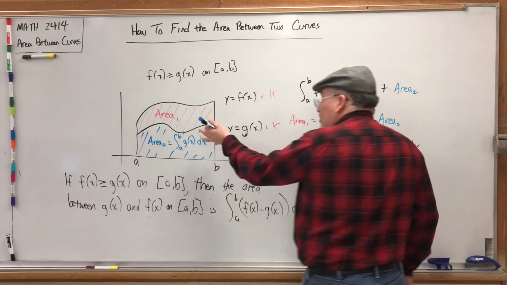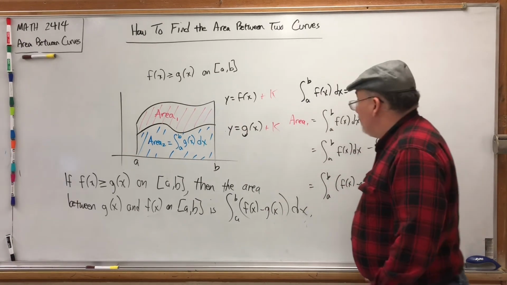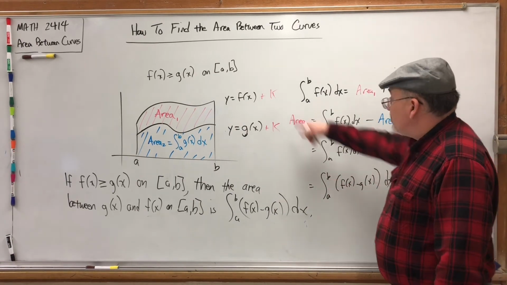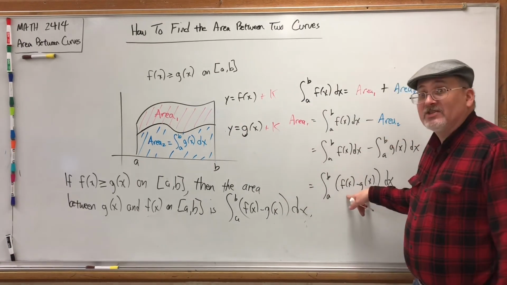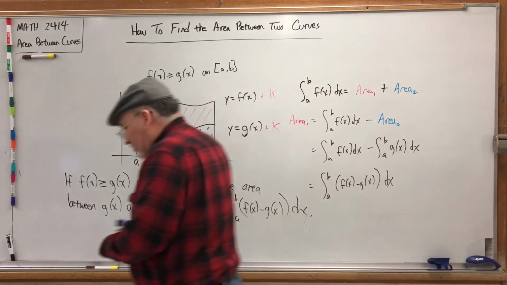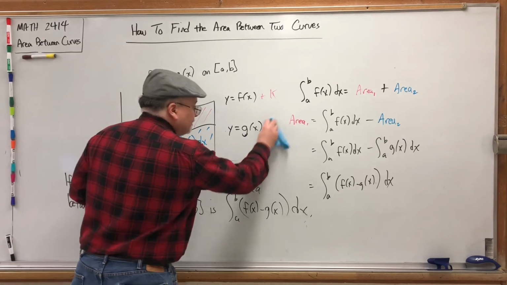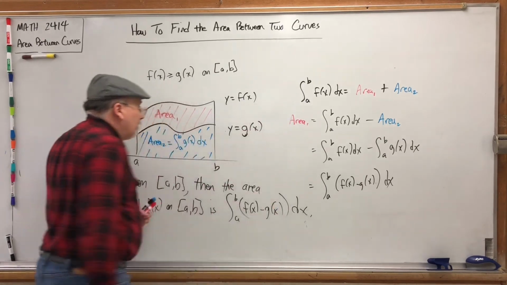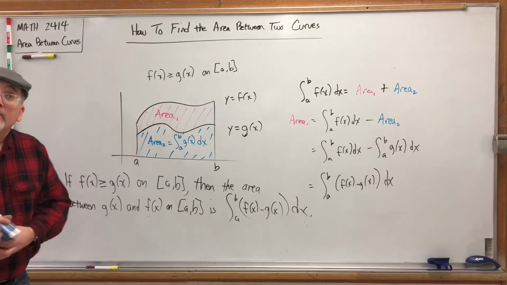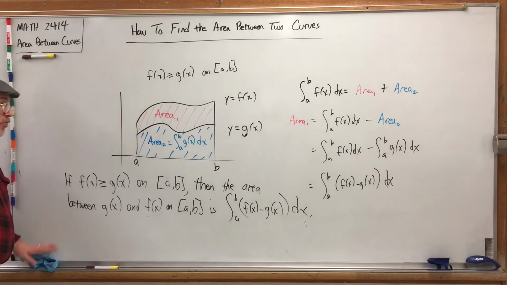But it wouldn't change the area between them. When we subtracted these functions, the k's would cancel and we would get back to this anyway. So it really doesn't matter if our functions are above or below the x-axis. All that matters is that one is above the other. What if they overlap? Well, we'll cross that bridge when we get to it.